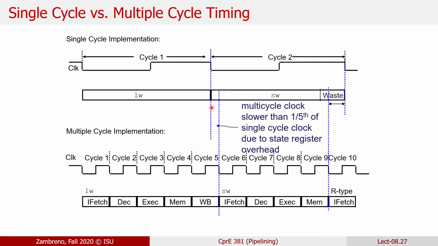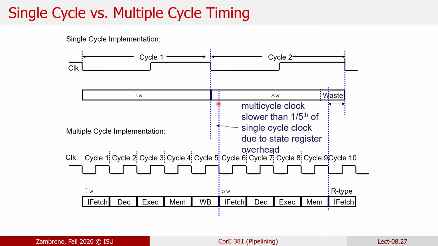We're still doing the same exact work for the load word instruction. So there's nothing magical about the multi-cycle implementation being significantly faster. We have a faster clock rate. And in theory, the savings come in all those other instructions, right?